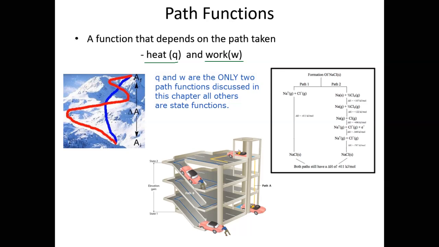You see that different paths have different steps for heat, but overall the delta H is the same whether you take one path or the other. So delta H is a state function. That's why it doesn't depend on the path taken. Again, a delta sign means it's a state function. Other than that, heat and work are path functions. You will never see a delta Q or delta W.